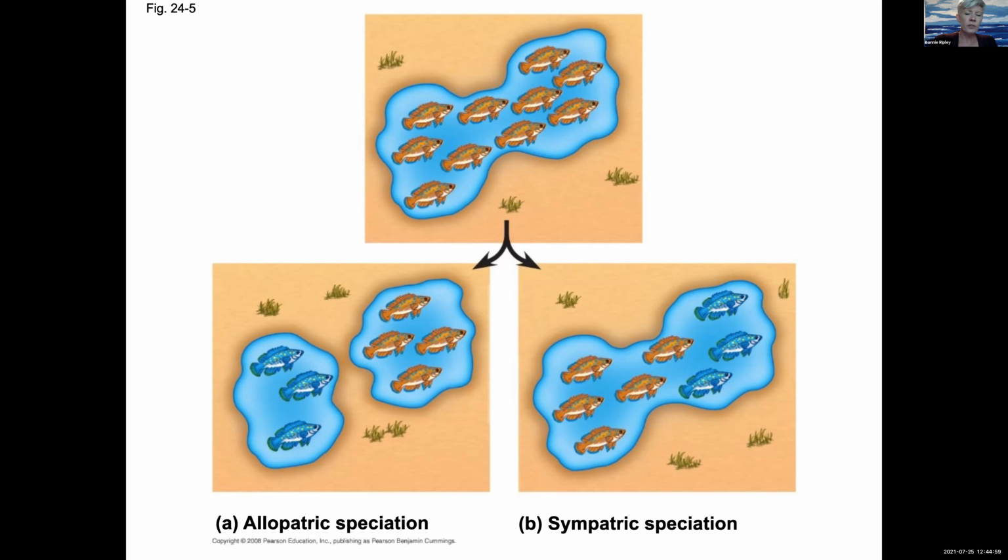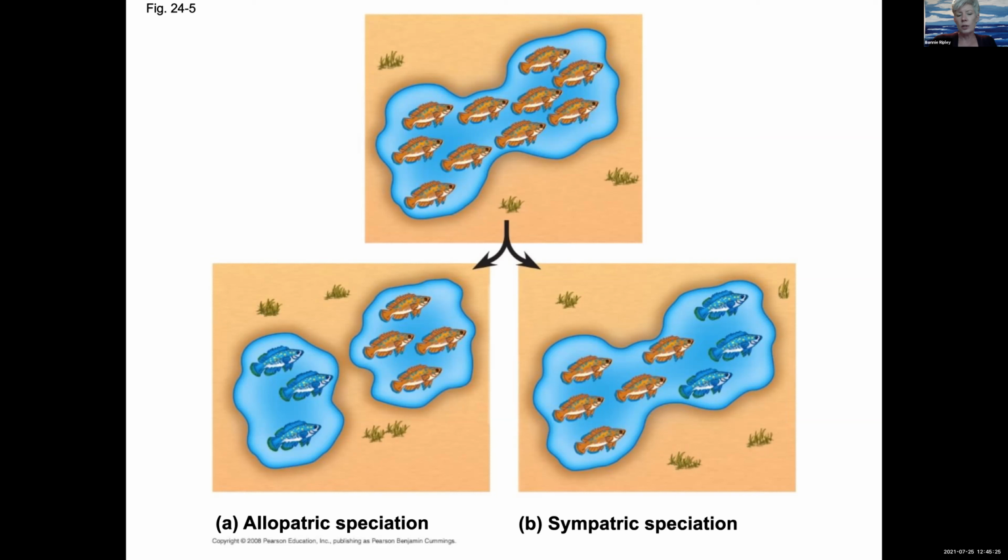It turns out there's two different ways this can happen, and they have to do with whether there's a physical separation of the two populations and then the species isolating mechanism happens, or do we have them actually geographically mixed together and they somehow manage to develop an isolating mechanism even though they aren't physically separated from one another, right?